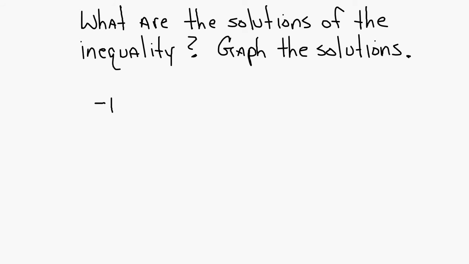It's negative 12 is less than or equal to 2x minus 4, which is less than 4. When you're solving this and compound inequality, you're trying to get the variable by itself in the middle of the inequality. So in this case, you're going to add 4 to the right side, the middle, and the left side.